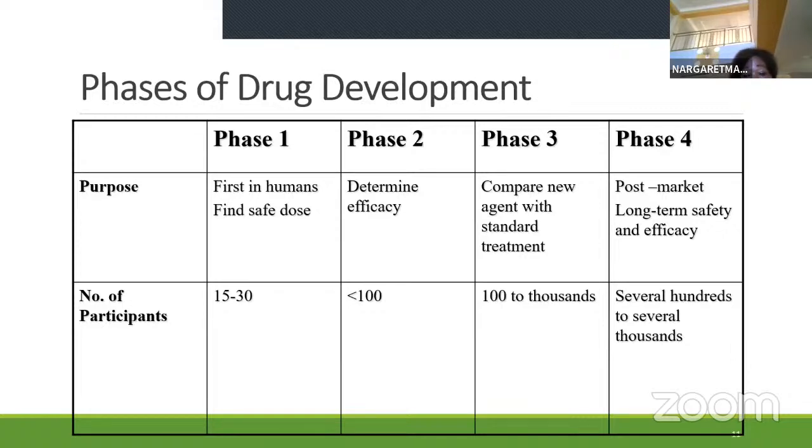The second phase is slightly larger, and that phase looks at the efficacy, whether the product, be it a drug or vaccine or a device, is performing efficiently with respect to our interests. Phase 3 compares the new agent with the standard of care that's presently in place.